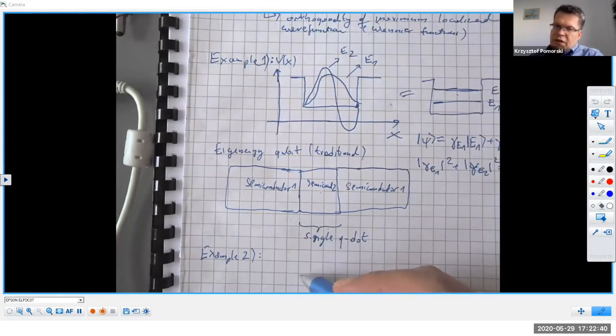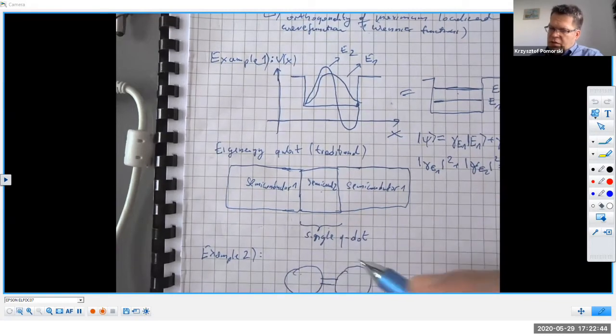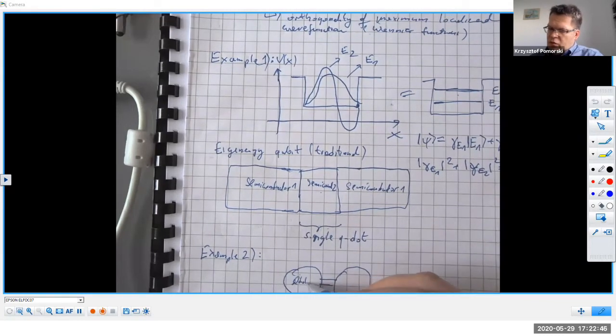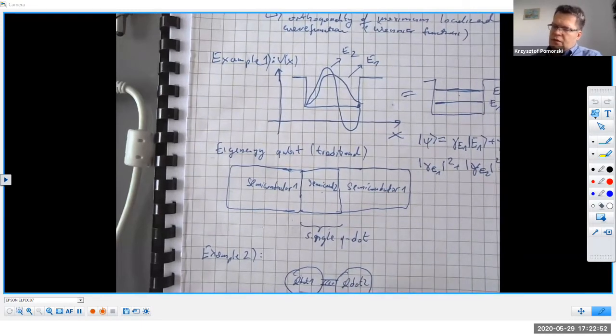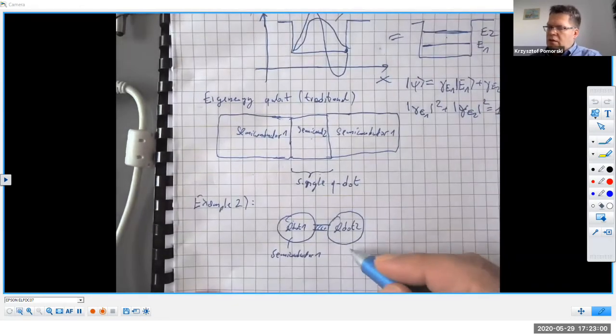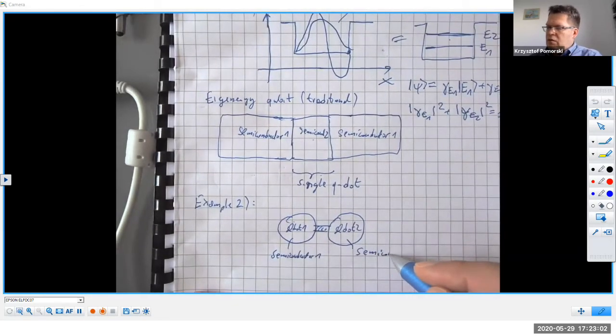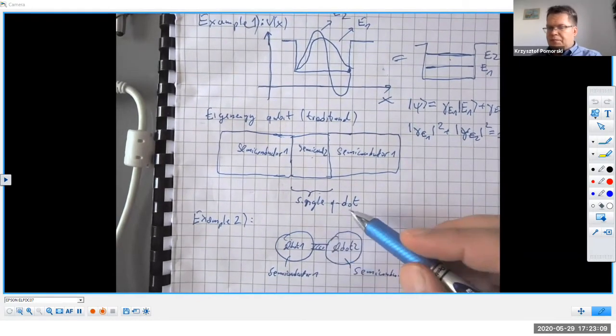Essentially, we need two quantum dots: quantum dot 1 and quantum dot 2. There is some interconnection, so there is semiconductor 1 and semiconductor 2, and there is some barrier.